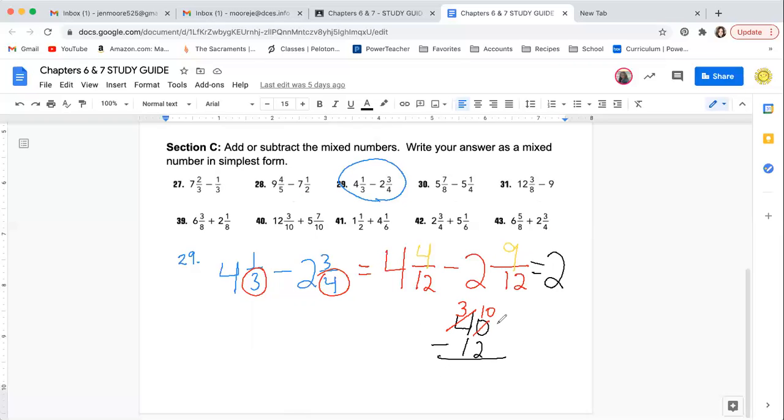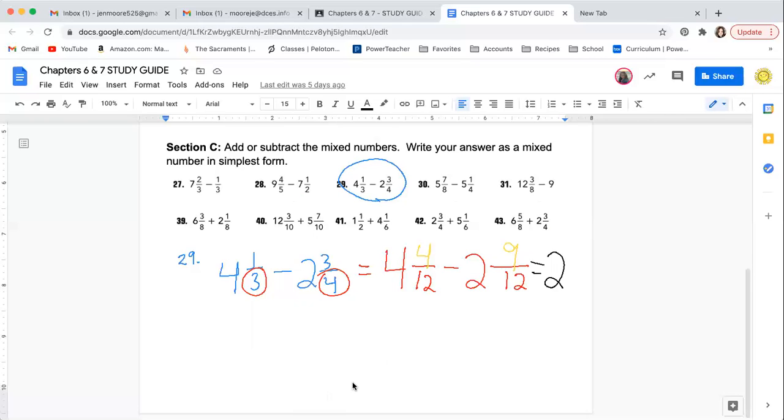And you use that extra value in the column where you need it so that you can perform the subtraction, right? So we're going to do that same technique of regrouping. It just is a touch more difficult when it comes to fractions because it's not always related to powers of 10 like our place value system is.